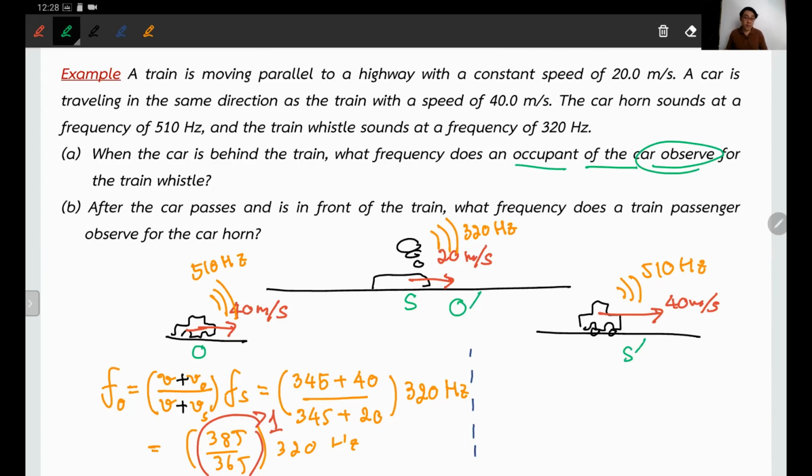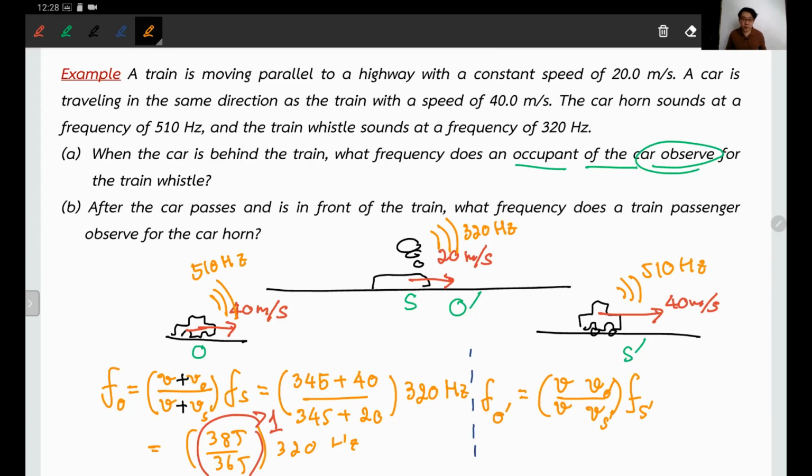That means for part B, the source is the 510 hertz from the car. And now we are looking at the frequency observed by the passenger on the train. Let's do it. F observed, so F sub O prime, set up the structure. And then just put prime everywhere, just to distinguish part A and part B, that's all.